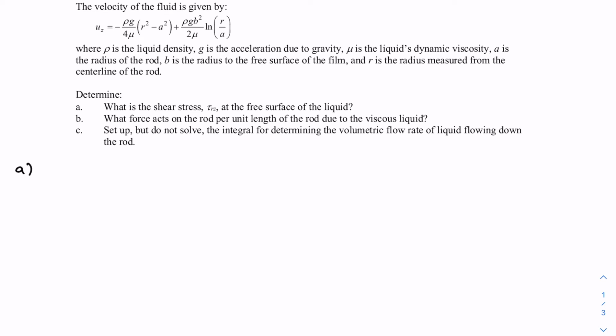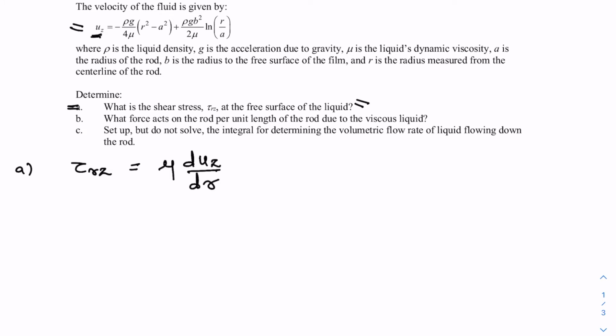For part A, we are asked to determine the shear stress tau rz at the free surface of the liquid. Again, tau rz is nothing but viscosity times duz by dr, and the profile for z velocity is given here.